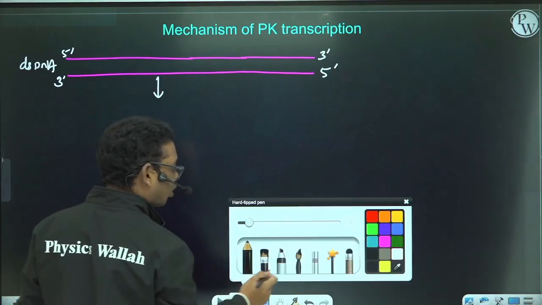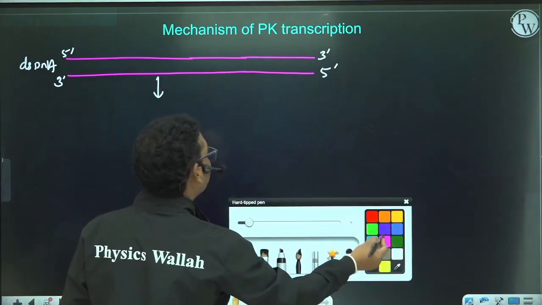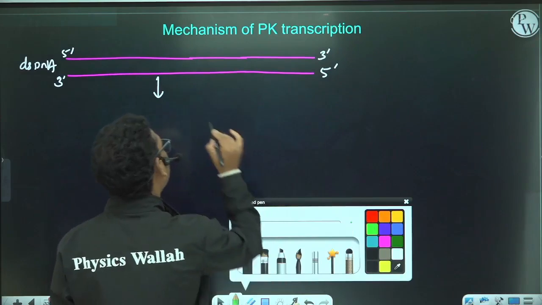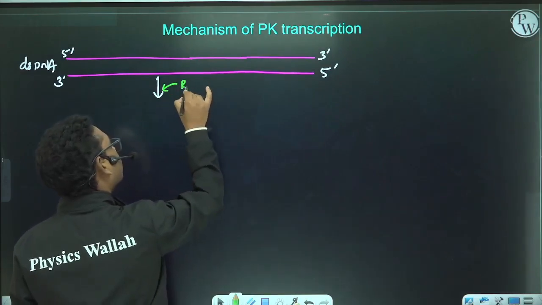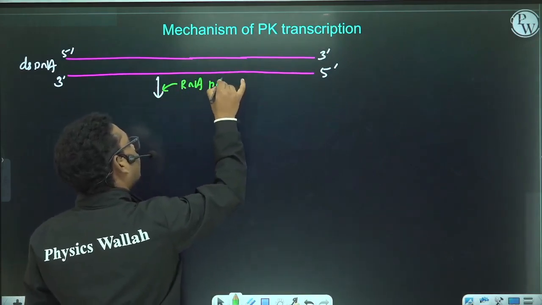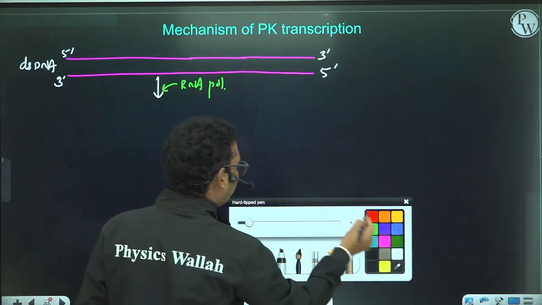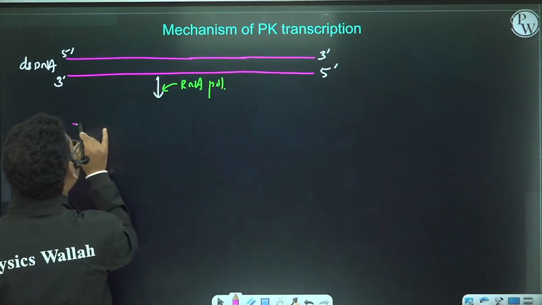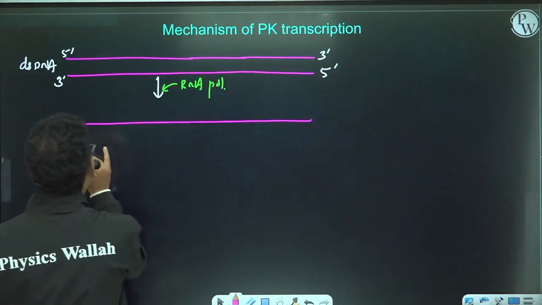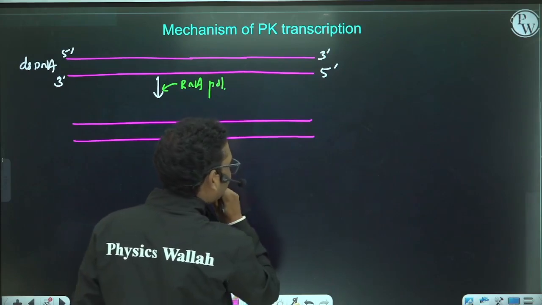Okay, so in the first step, what is going to happen? The RNA polymerase will go and bind to the promoter. So let me allow the binding here. This is the DNA, the transcription unit.